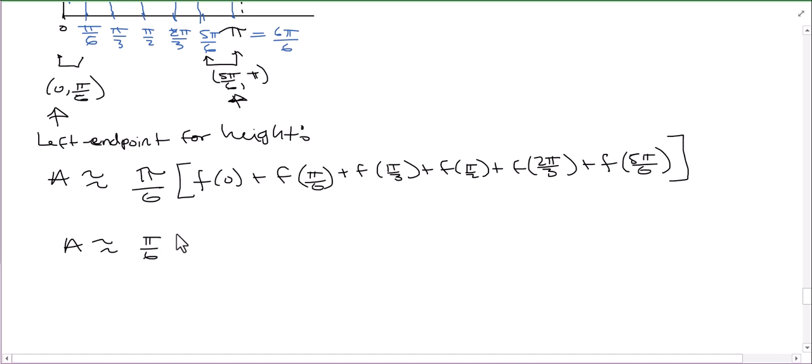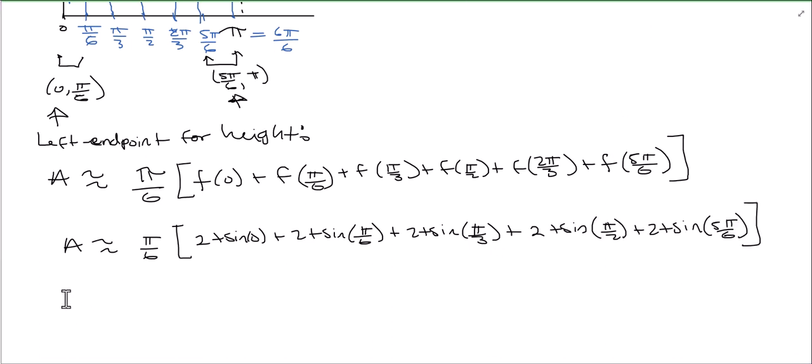So I evaluate it the same as we did before. So that will be 2 plus sine of 0 plus 2 plus sine of pi over 6. And a lot of these we already found their values. And so we put in our values.